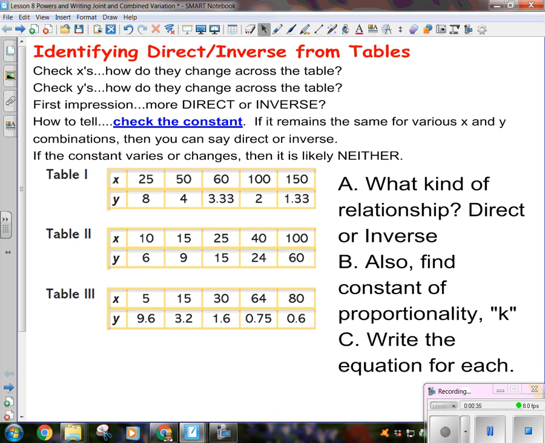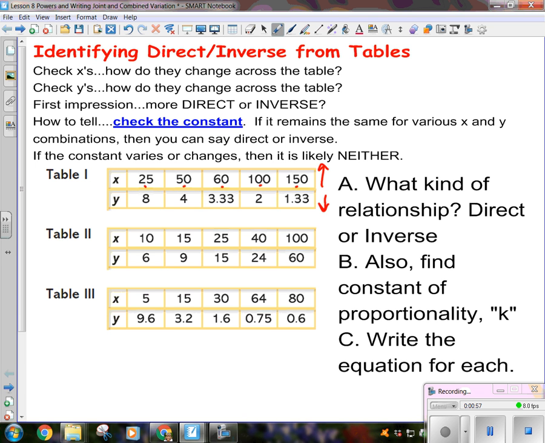So if I jump down here to table 1, if I go across the table, 25 to 50 to 60 to 100 to 150, are they going up or are they going down? Up. So I'm going to put a little up arrow on my paper. Put a little up arrow on your paper. Now take a look at the y's. 8 to 4 to 3.33 to 2 to 1.33. Those went down.